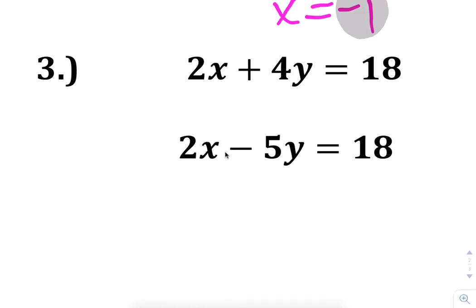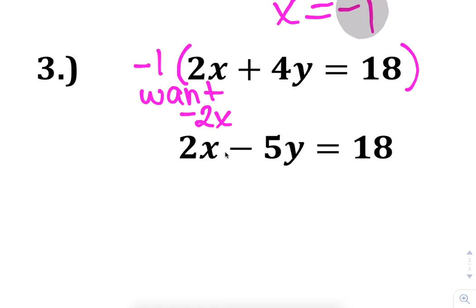So I'm gonna write in here, I want a negative 2x, okay? So what would I have to multiply this row by to get what I want? Well, I'd need to multiply it by a negative 1, okay? So I'm going to do that to every part of that top equation, and that's going to make a new equation, okay?